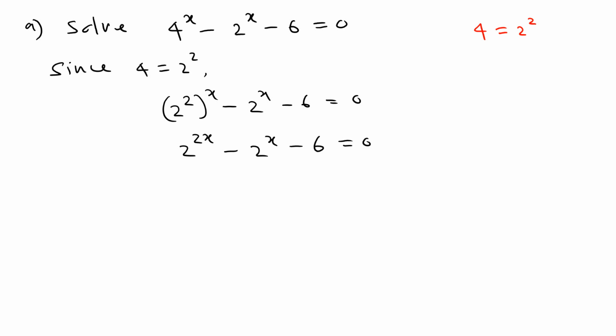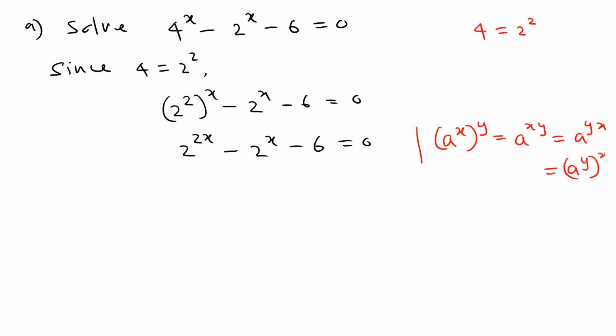Now we're going to switch the index. Let's look at this algebra trick. We have a to the xy. You can write this as a to the yx, switching the powers. That means you can rewrite it as a to the y to the x power.